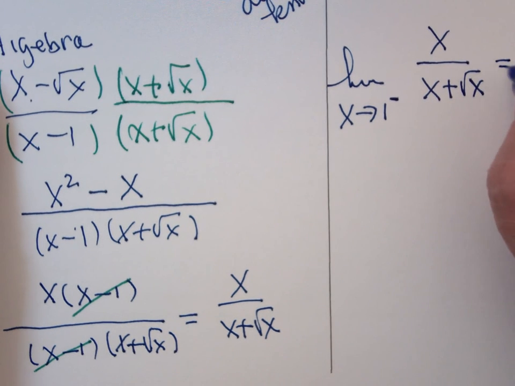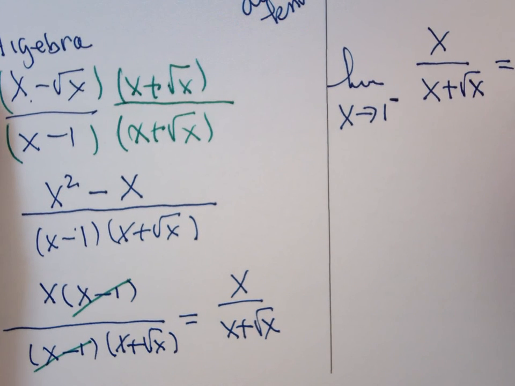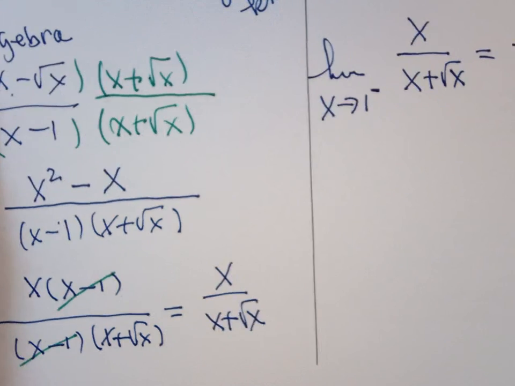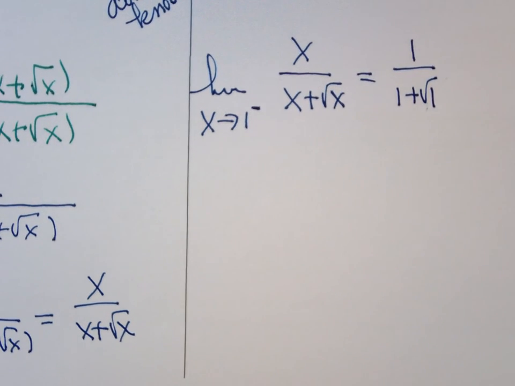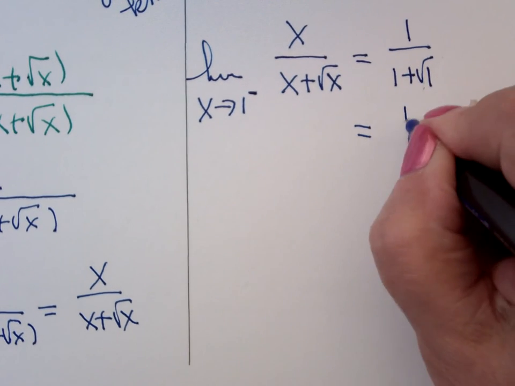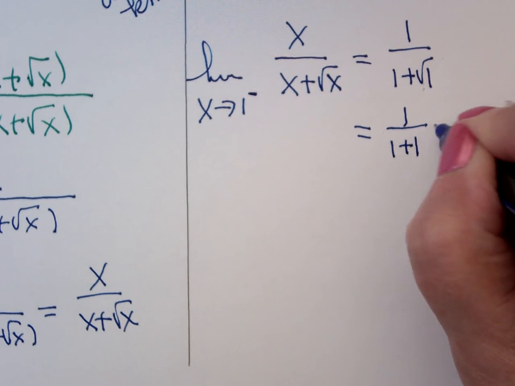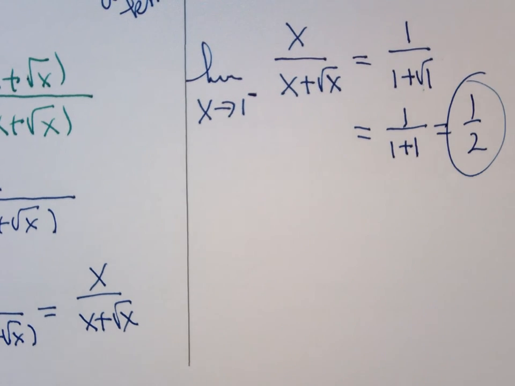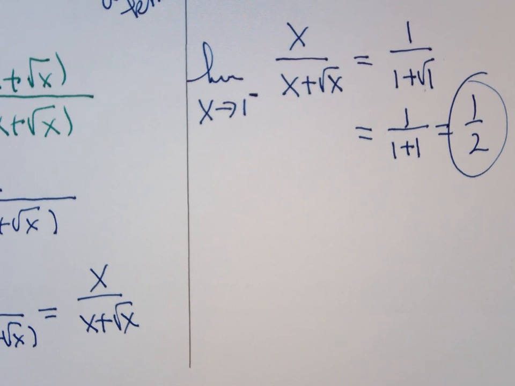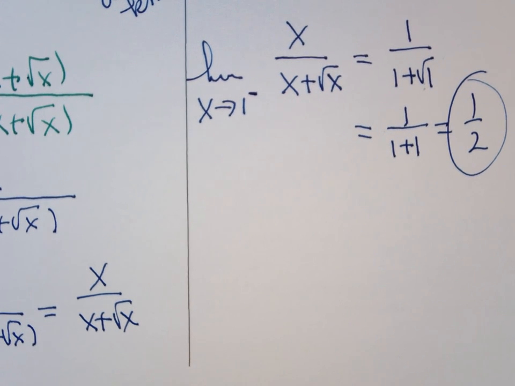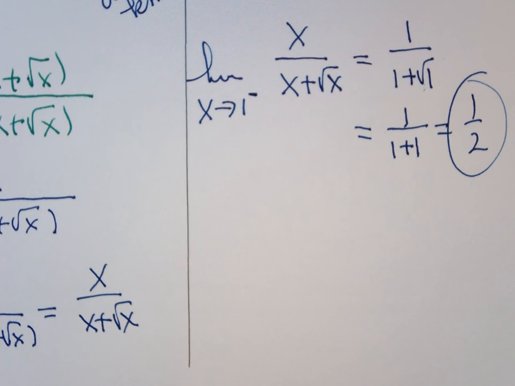This becomes 1 over 1 plus the square root of 1, which is 1 over 1 plus 1, or 1/2. That says this sucker's coming in at a hole. Remember? When I divide out the factor, it creates a hole in the graph. He's coming in at a hole. And the y value was 1/2.